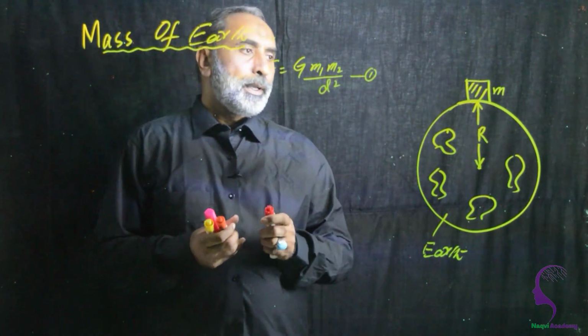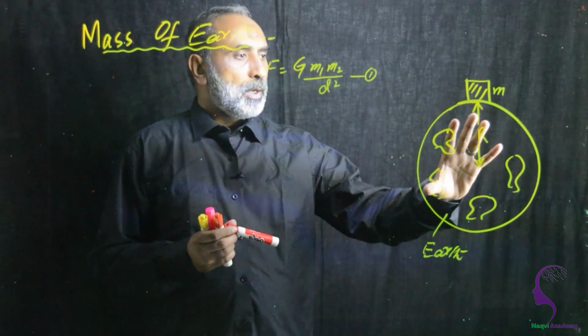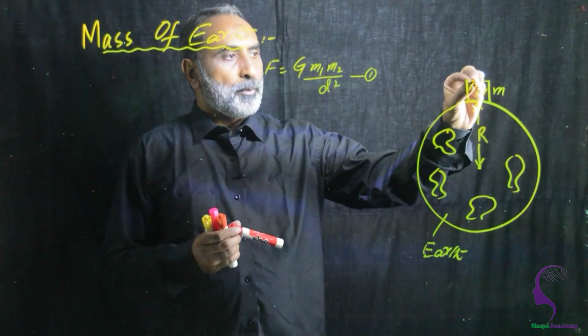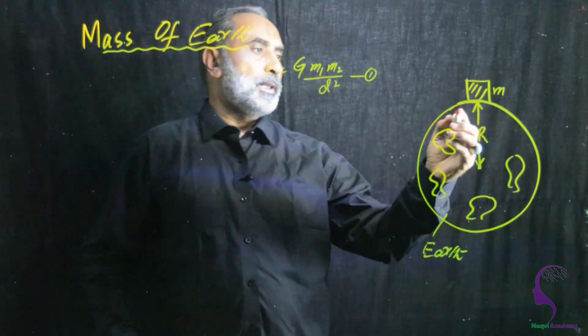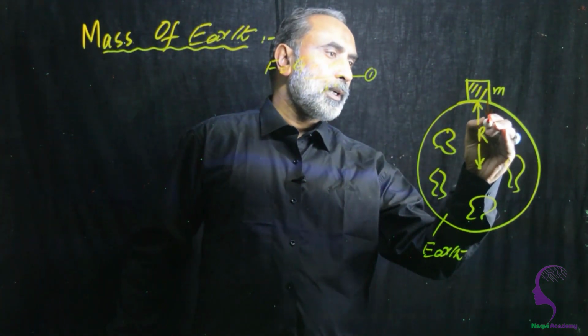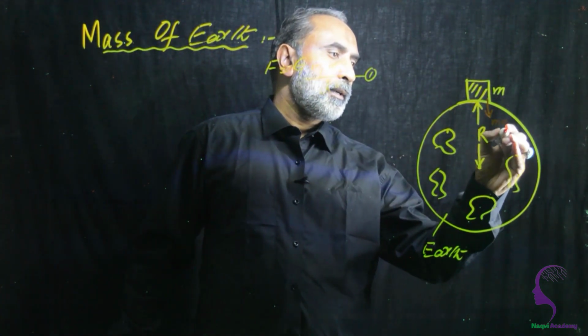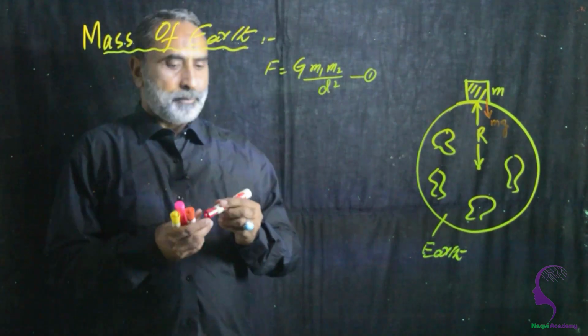Now there are two bodies: one is the Earth, and the other is the body which is placed on the surface of the Earth, with the mass of the Earth.